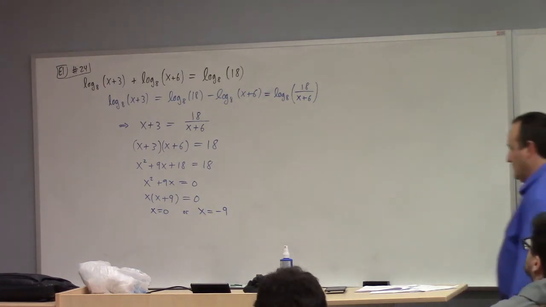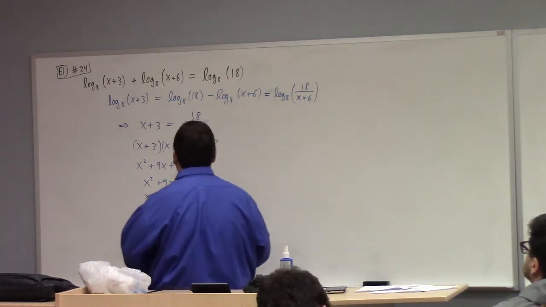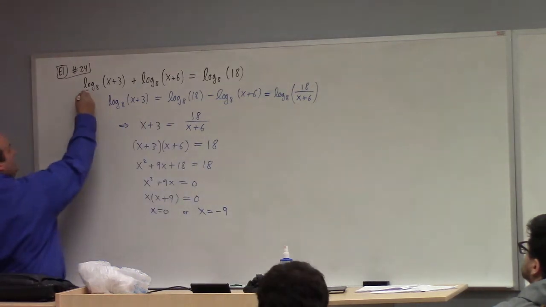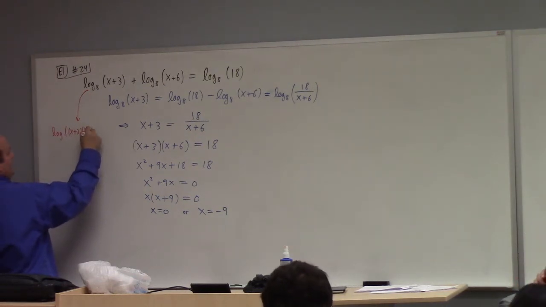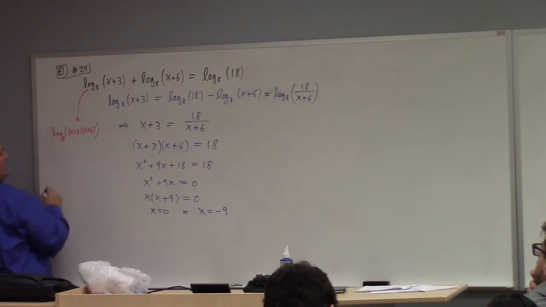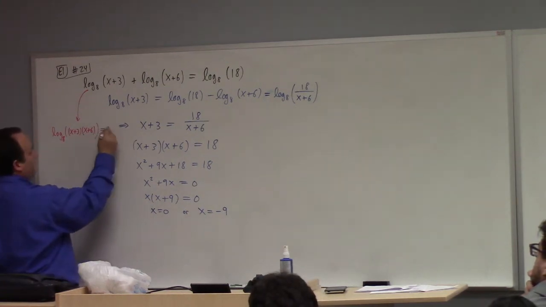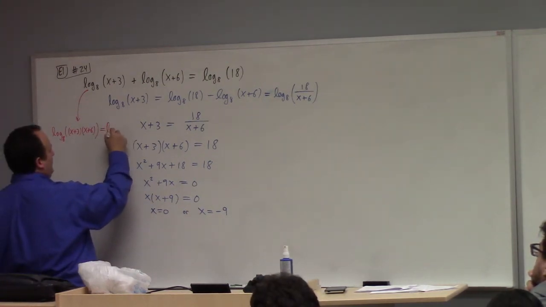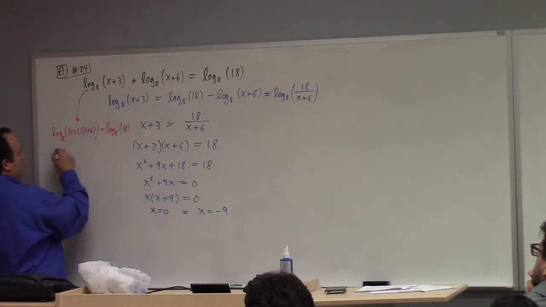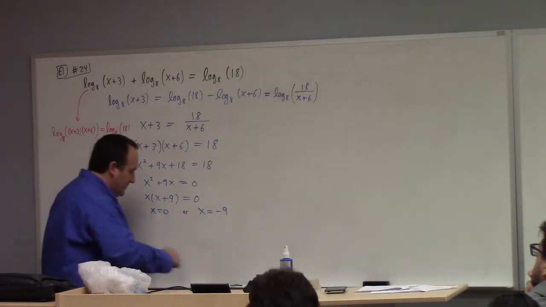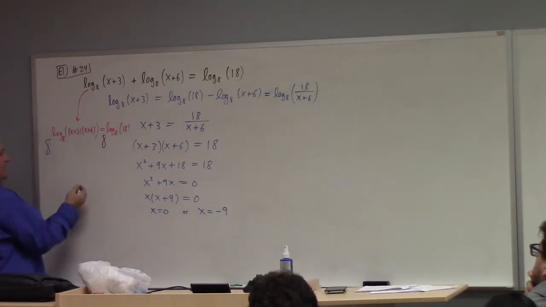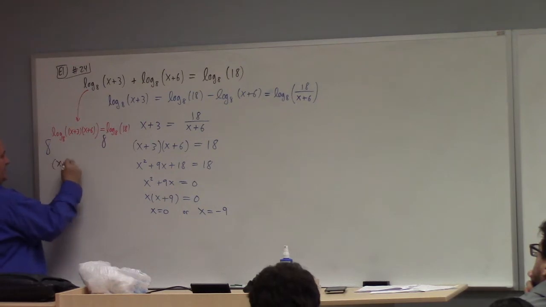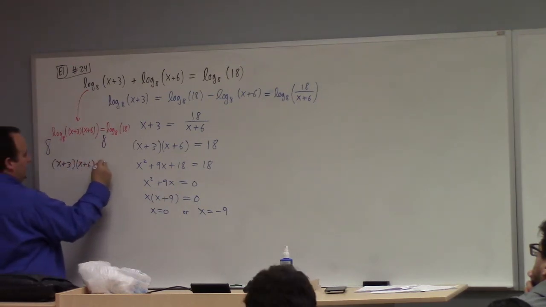What I would usually have done with this problem is go straight from here to log of x plus 3 times x plus 6, and that would be equal to log base 8 of 18, which then, if I raise both sides to the 8 power, exponentiate both sides base 8, gives me x plus 3 times x plus 6 equals 18.